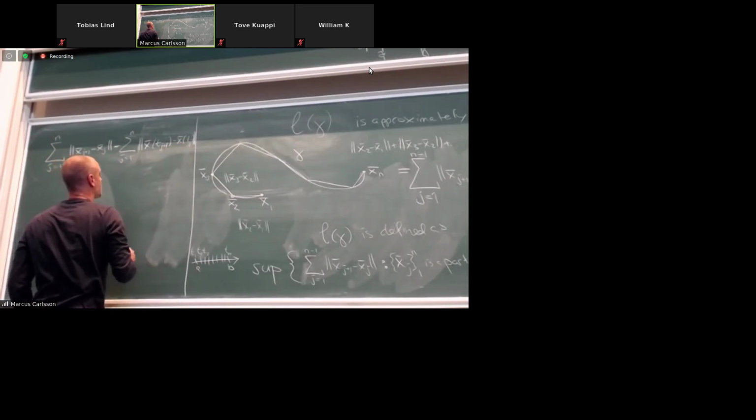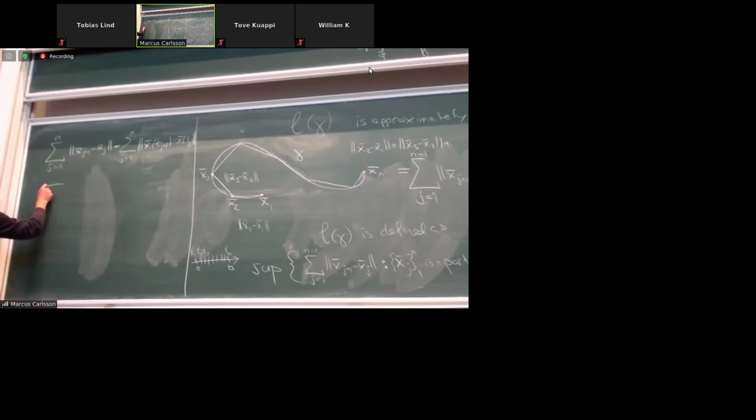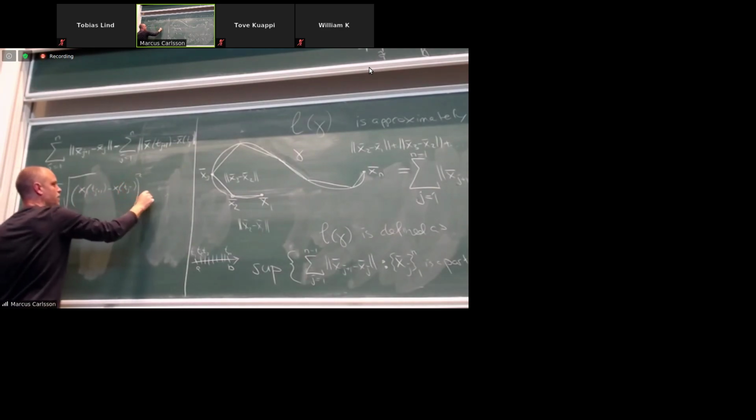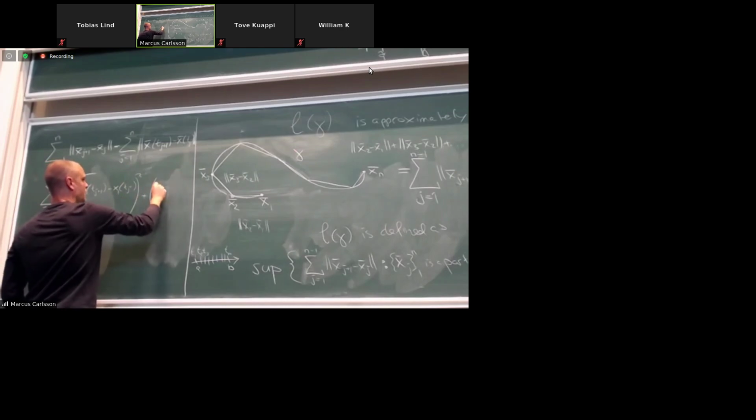Okay, now I have this sum. And what is this? This is the sum, k goes from 1 to n, square root of (x(tj+1) minus x(tj), first coordinate, squared, plus the same thing with the second coordinate).